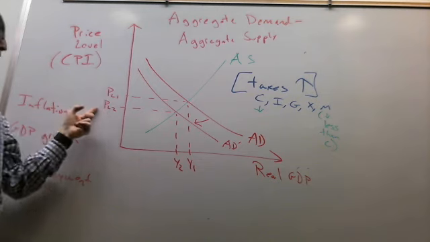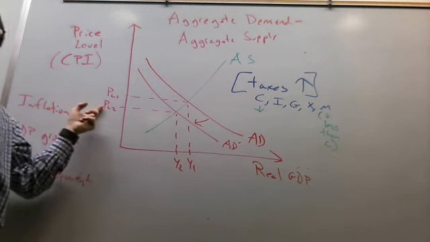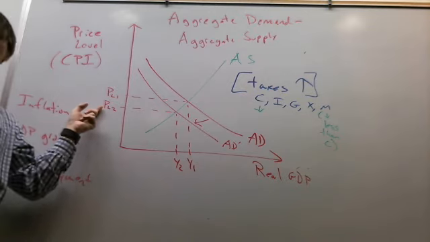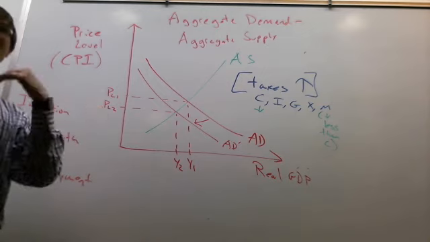So we showed a shift from PL1 to PL2. So what's going to happen if the price level goes from PL1 to PL2? What should happen to inflation? It ends up going down because now everything is relatively cheaper, and that would actually be deflation.